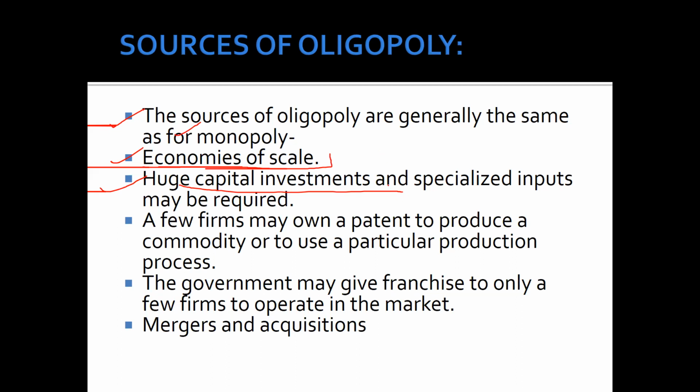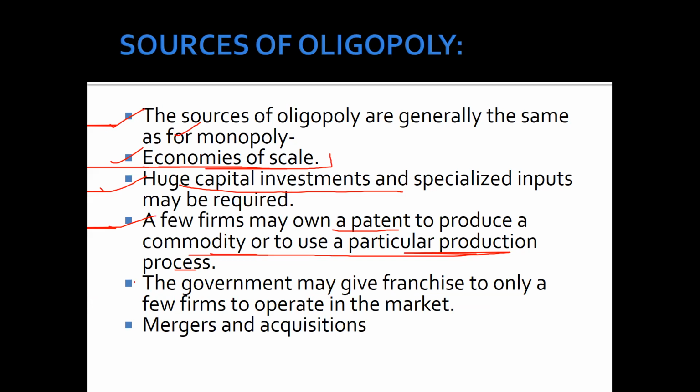A few firms may own a patent. Yes, of course, very important. Own a patent to produce a commodity or to use a particular production process, because they would have the patent, right, and no other person can produce the same commodity because the patent rights are with that particular person.